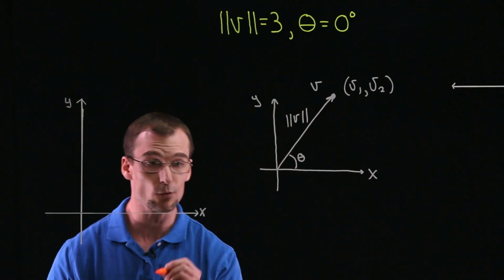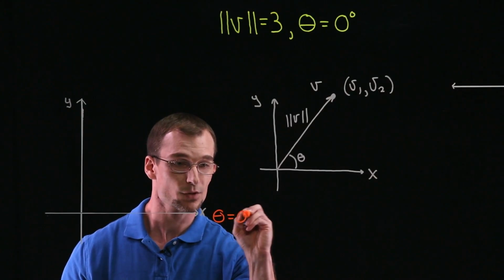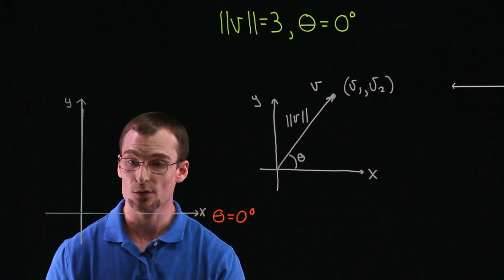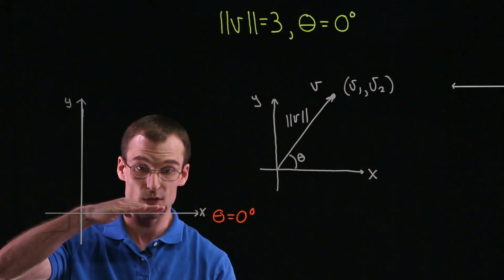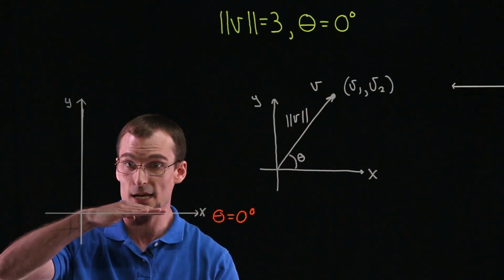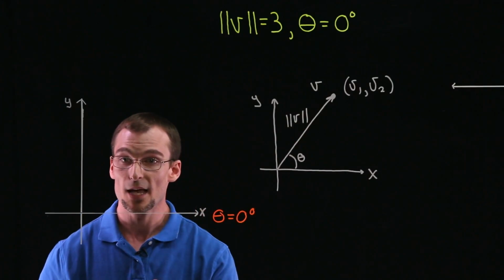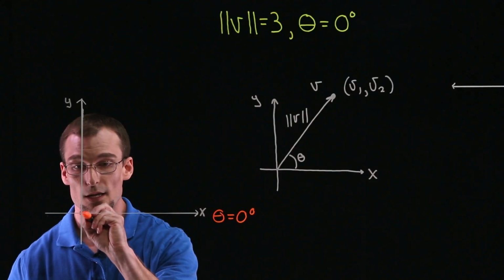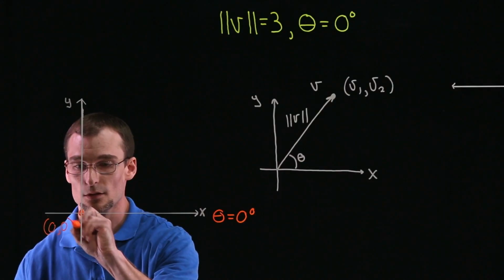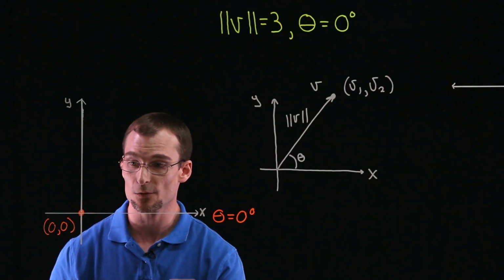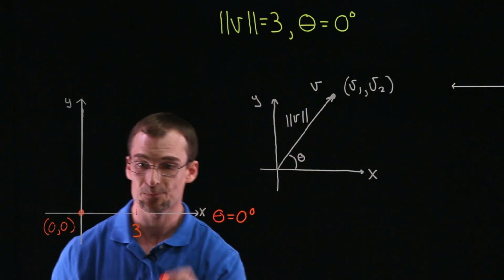Starting with our angle, we know that theta is equal to 0 degrees. So the vector is going to stay right on the positive x-axis, because it goes up 0 degrees. From our initial point at the origin, we're going out a magnitude of 3, so out a length of 3.